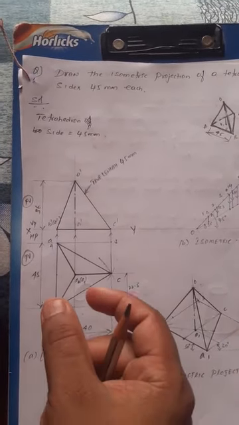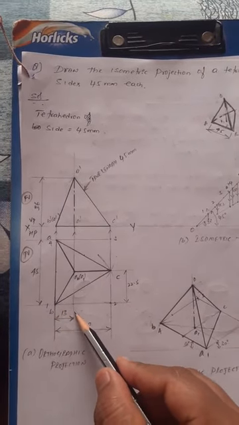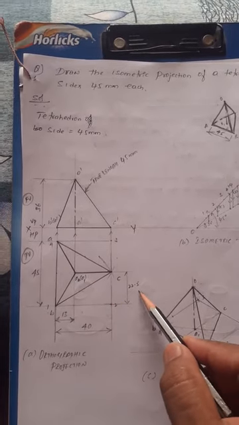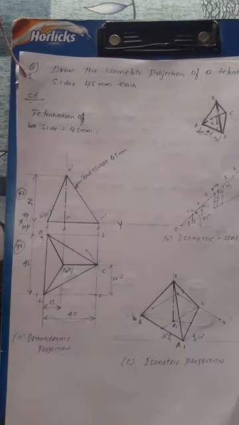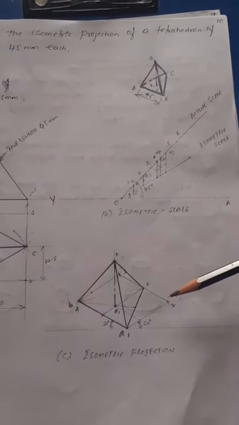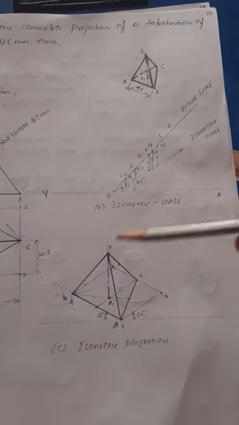From 1 to the center is how much? 13 mm. From 1 to C or 2 to C is how much? 22.5 mm. Now first transfer this rectangular box onto an iso sheet, that is iso horizontal. You get 1 2 3 4.